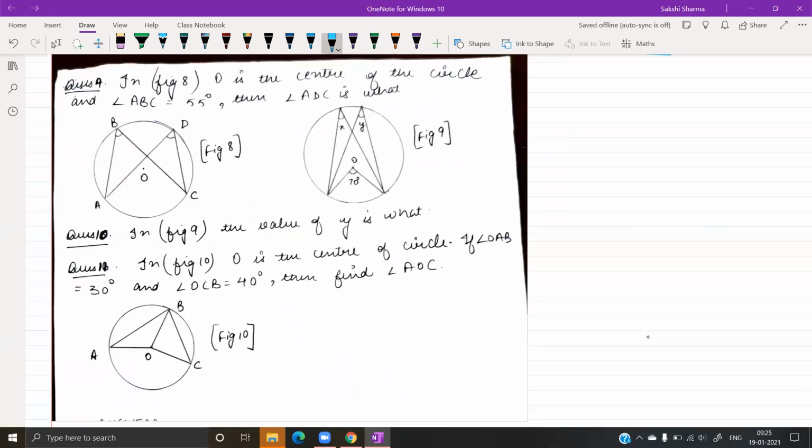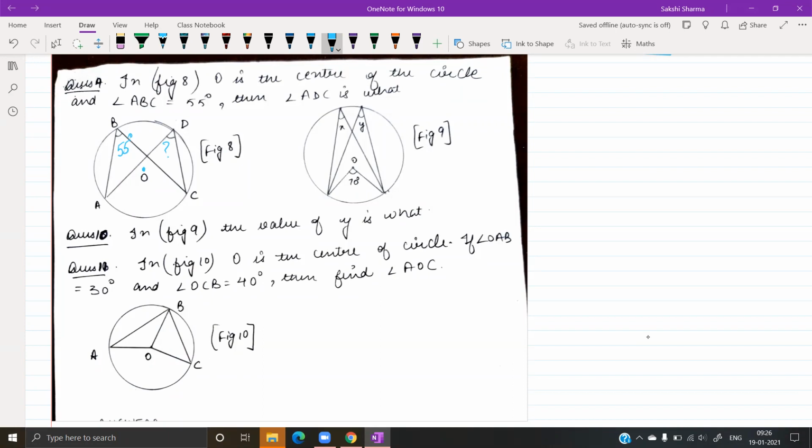Question number 9, figure number 8. O is the center of the circle. The center is here. Please don't confuse it with the point of intersection. Angle ABC is given as 55 degrees. What will be the measure of angle ADC? 55 degrees.